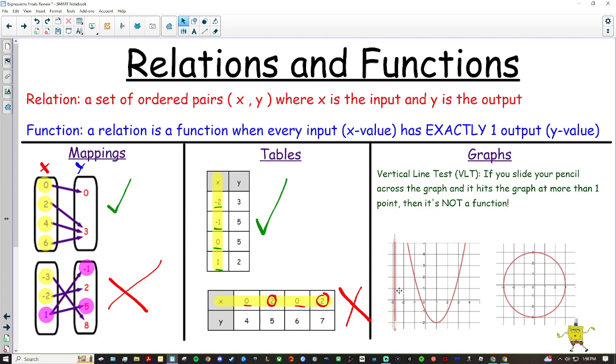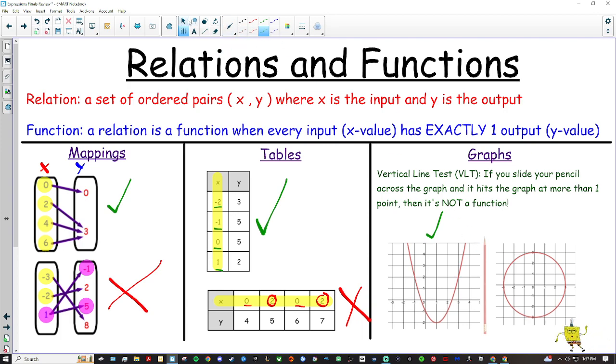So if I slowly slide this past, my pencil only hits my graph one time. No matter where I put my pencil, it is never hitting the graph at more than one point. So this first one is a function.